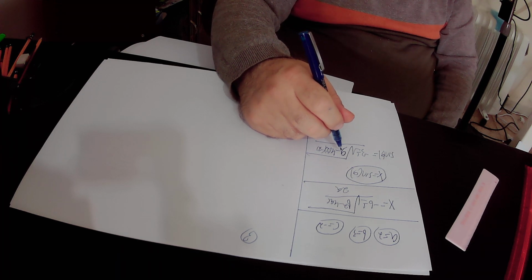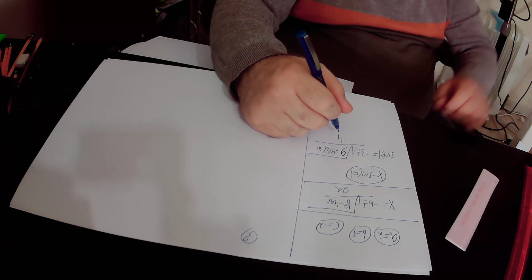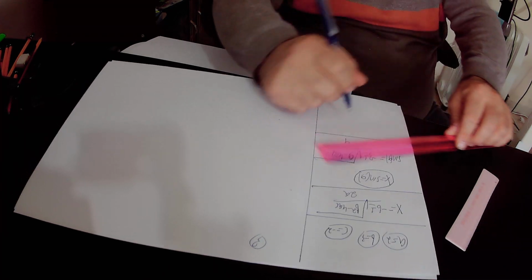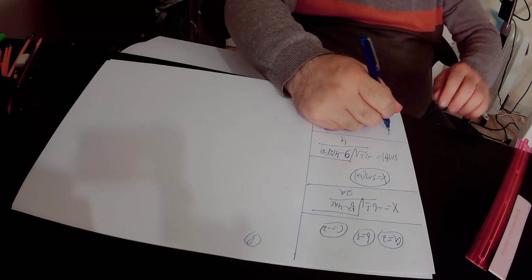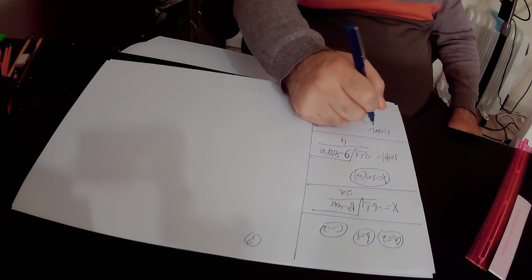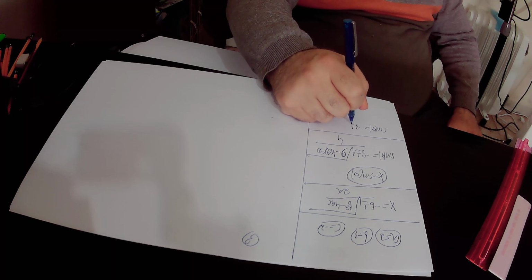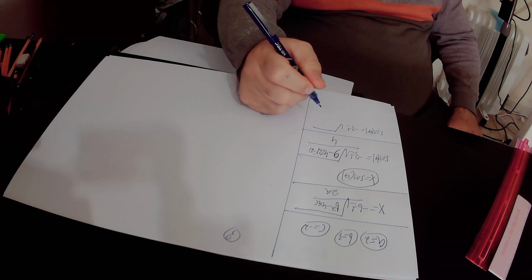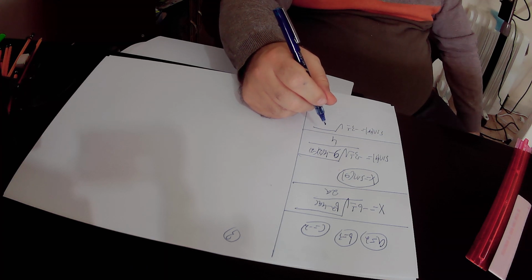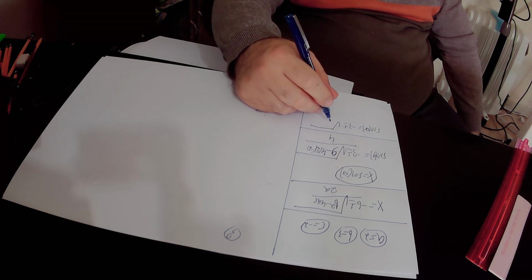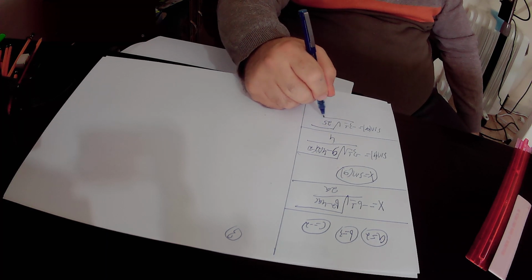A is 2, so 2 times 2 is 4. So sine alpha is equal to minus 3 plus minus square root of minus 4 times 2 is minus 8, minus 8 times minus 2 is plus 16, 16 plus 9 is 25. So inside the root we are left only with 25 over 4.